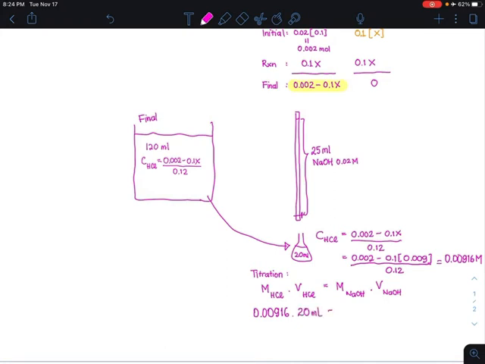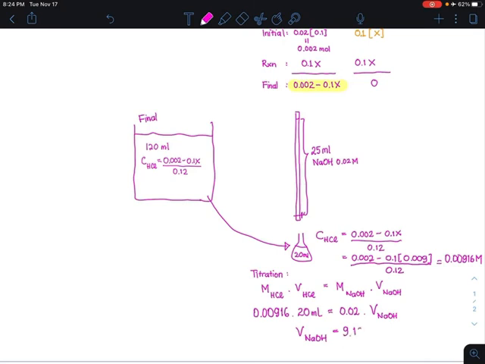Okay, the concentration of sodium hydroxide is 0.02. And then what will be the volume of sodium hydroxide required in the burette? So we can work out the volume of sodium hydroxide required: 0.00916 times 20 divided by 0.02 will be 9.16.